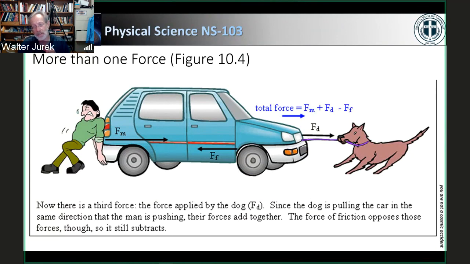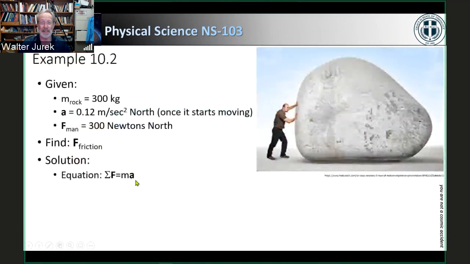So Dr. Weil walks us through that, and then he gives us another example, 10.2, to reinforce it. We got Tony pushing on a huge rock. The rock has a mass of 300 kilograms, which is roughly 660 pounds for those of us that work in pounds.